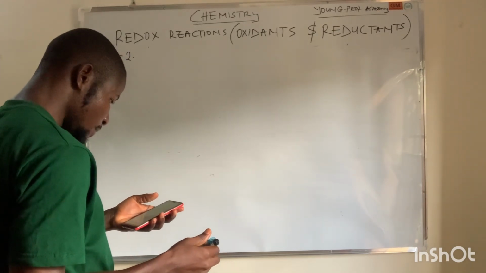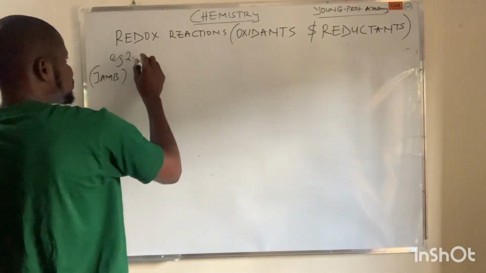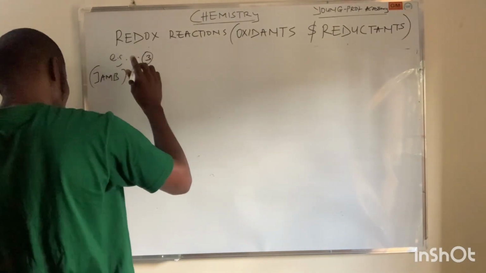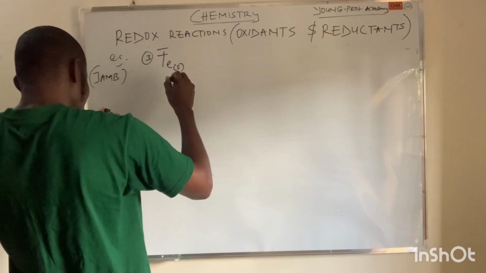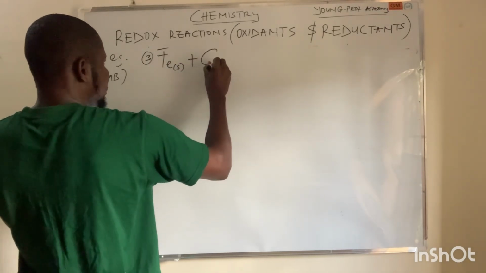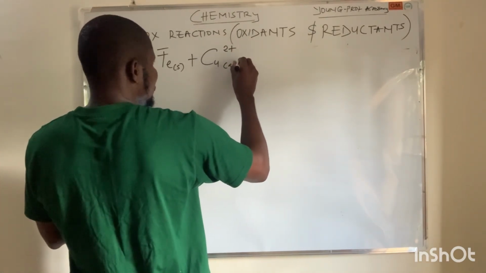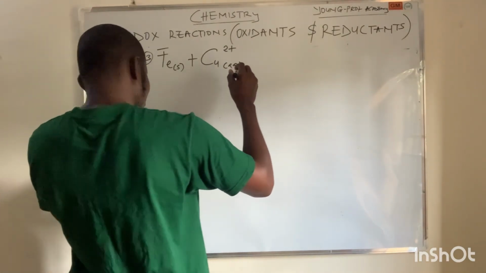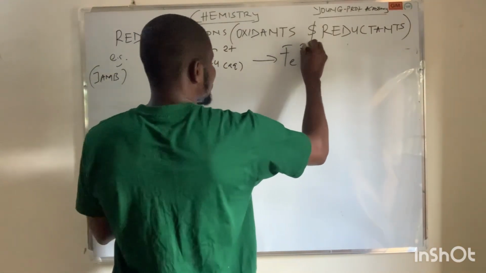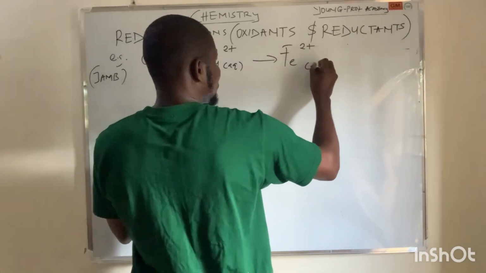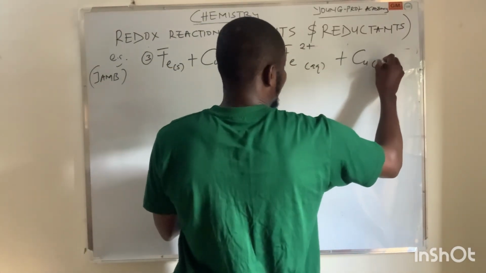The question says, example 3: Fe solid plus Cu 2 plus aqueous to give you Fe2 plus aqueous plus Cu as copper solid.